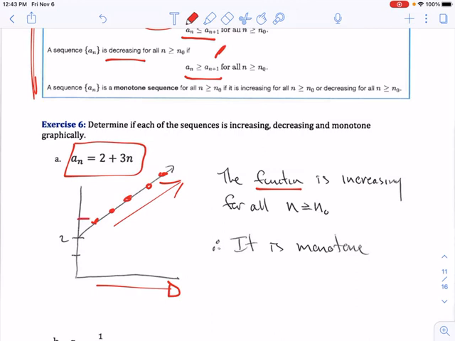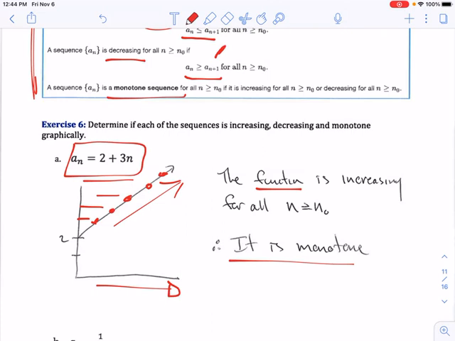Every output value is getting larger and larger. All right, so monotone simply means that over the entire domain, the sequence is either always increasing or always decreasing. And so this is monotone because the arithmetic sequence for all values of n will always be increasing.